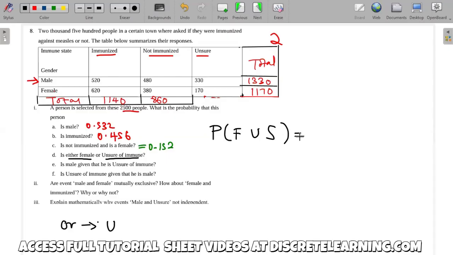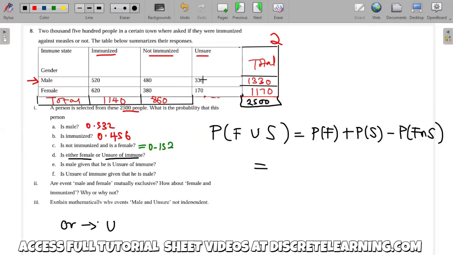So the probability of female union unsure will just be what? Here we'll just use the addition rule for probability. This will be the same as the probability of female plus the probability of unsure, then minus the probability of female intersection unsure. So we just have to find these individual probabilities and then we get our answer. The probability of female will be the total number of females, which is this guy here. I've erased the total here for everything, but there was the 2,500, and here there was a 500.